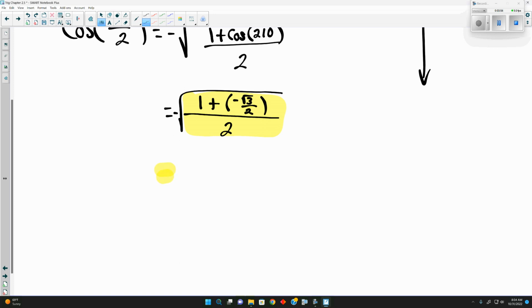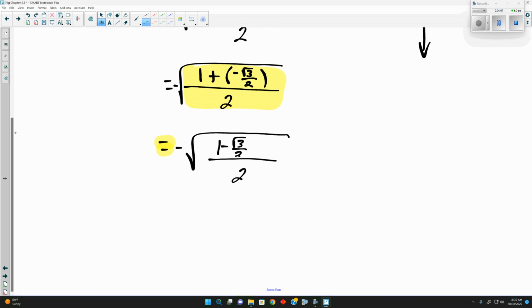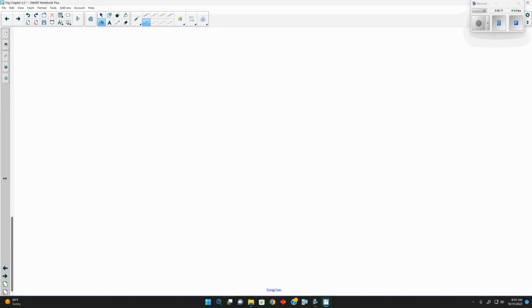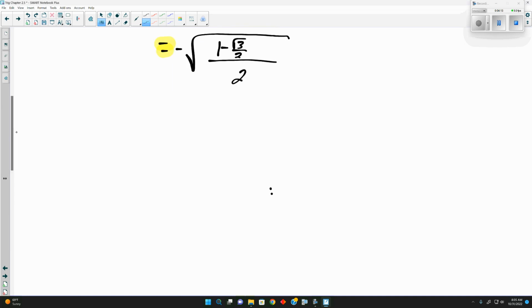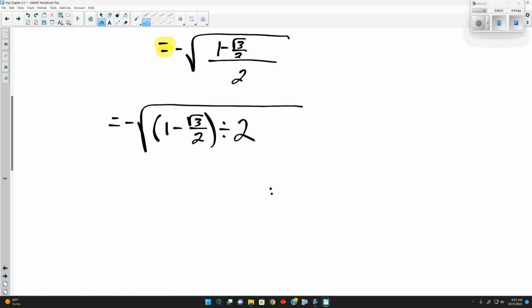Now, if we did this by hand, the first thing we're doing is 1 minus the square root 3 over 2. Now this here is really just saying that we're taking the square root of 1 minus the square root 3 over 2, and we're dividing it by 2.